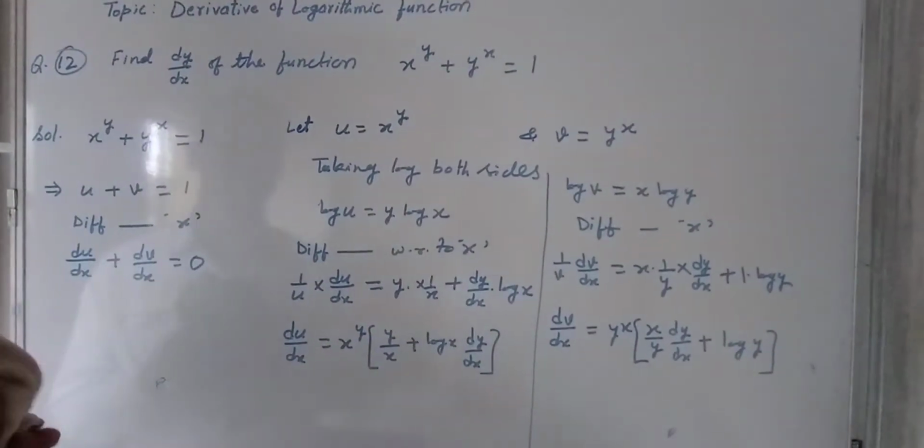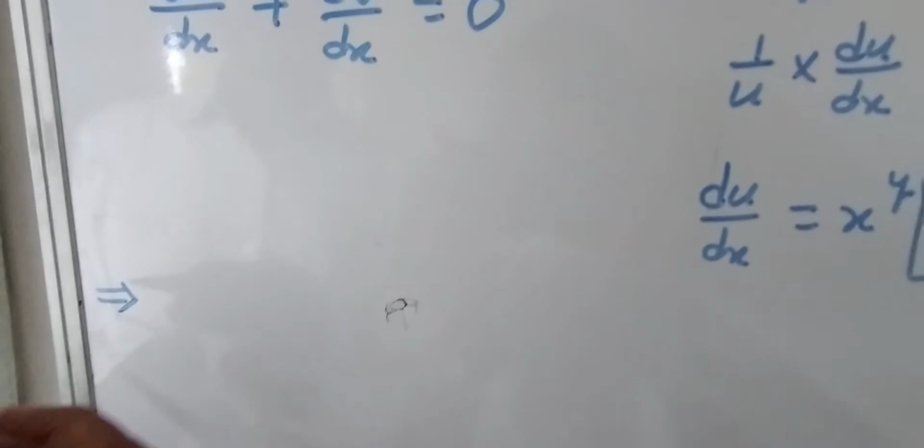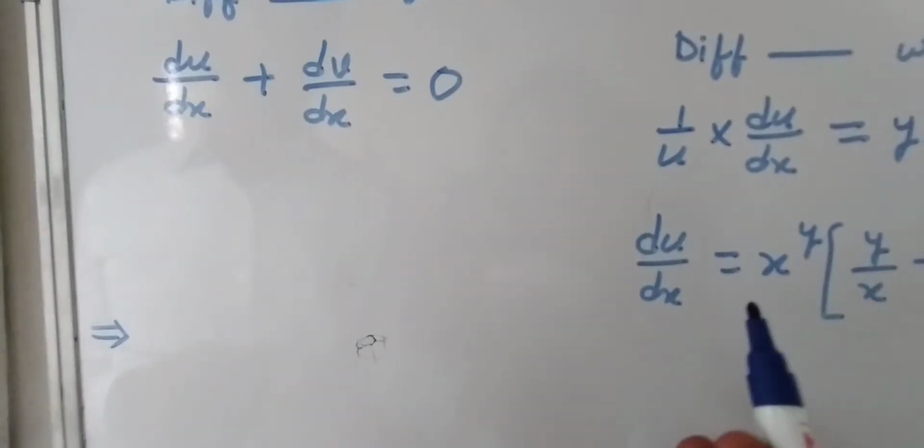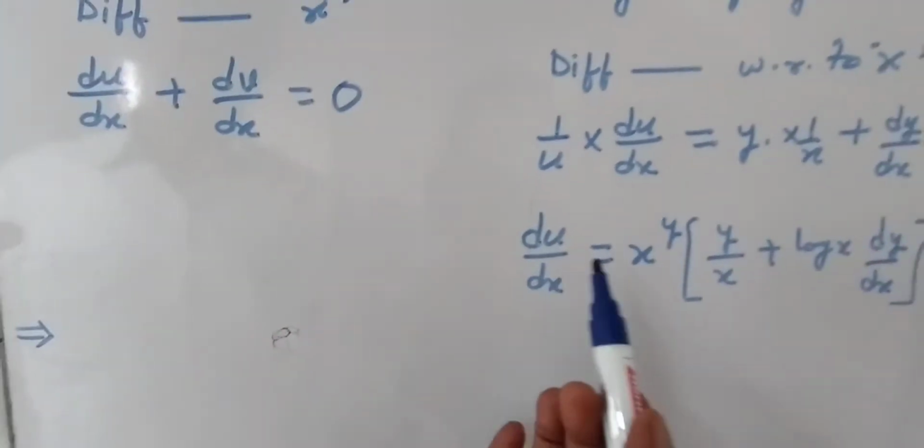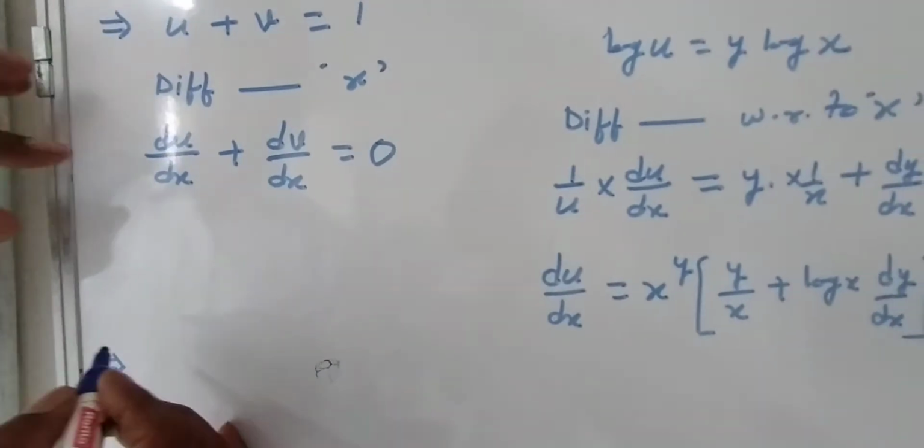Now we will put the value of du by dx and dv by dx in the original function.